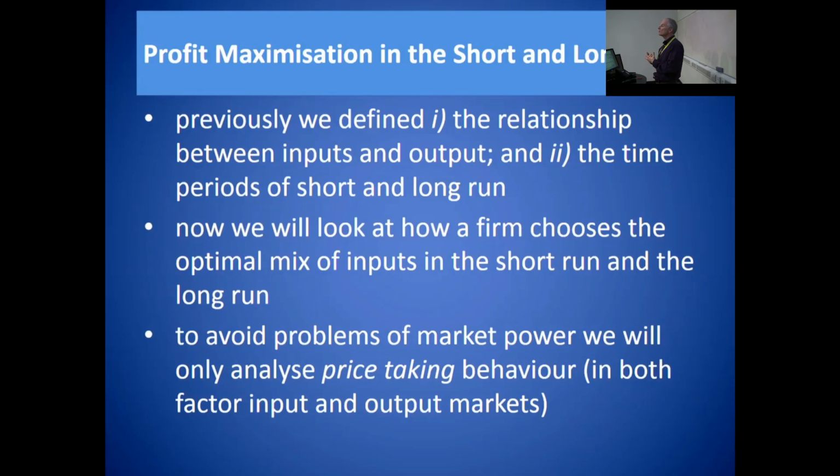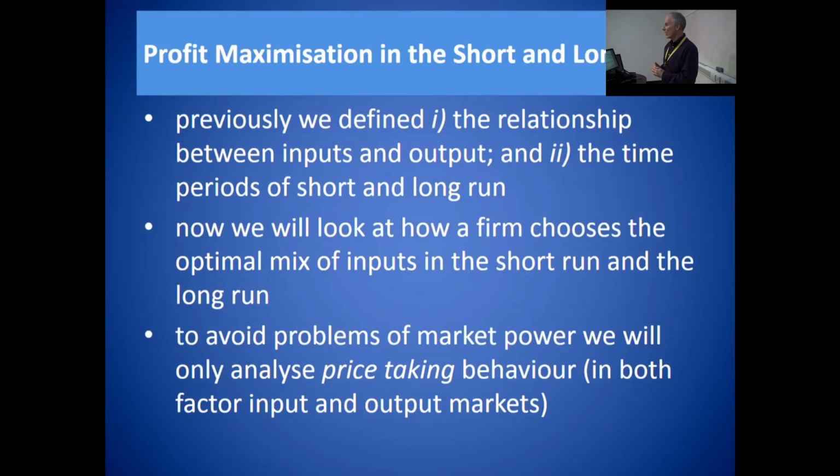We mean a firm can produce as much output as it wants, and this does not affect the market price. So its actions don't affect the market price in the output market, and they don't affect the input price in the factor input market. So we're looking always at the case of price-taking behaviour.